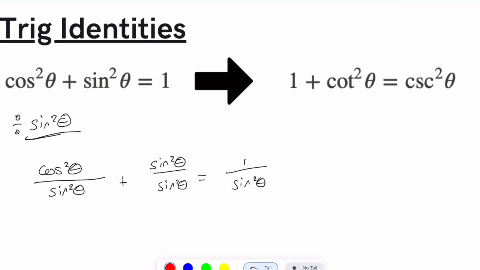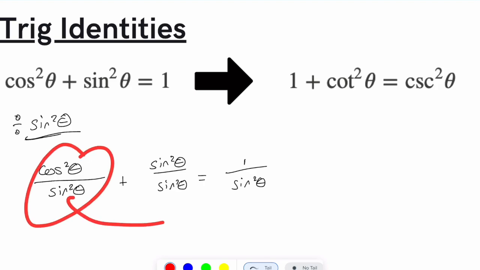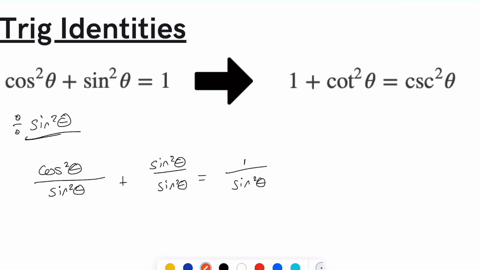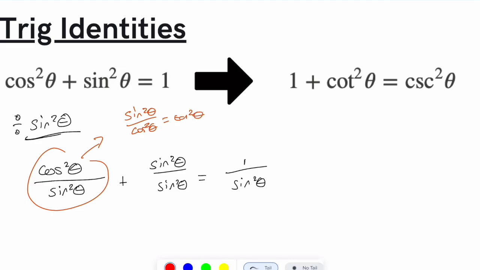Now you'll remember that sine squared theta over cos squared theta is equal to tan squared theta. So if you flip this, where you get cos squared theta over sine squared theta, that's going to equal 1 over tan squared theta, which is cot squared theta. Meanwhile, that's going to equal 1.